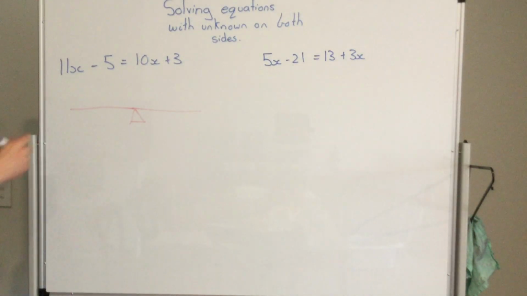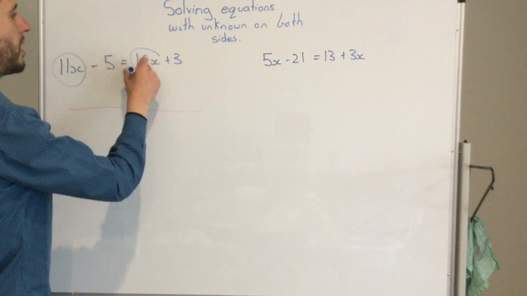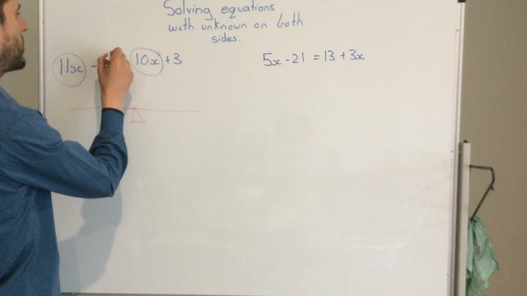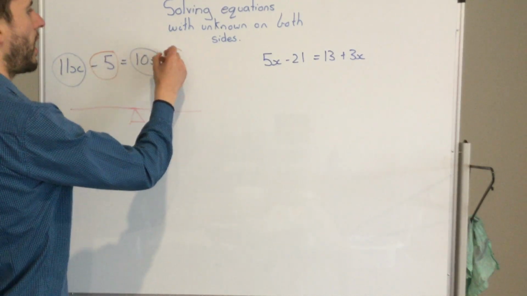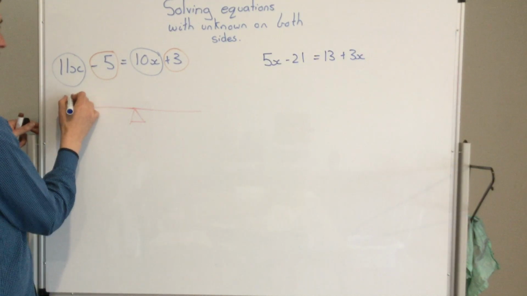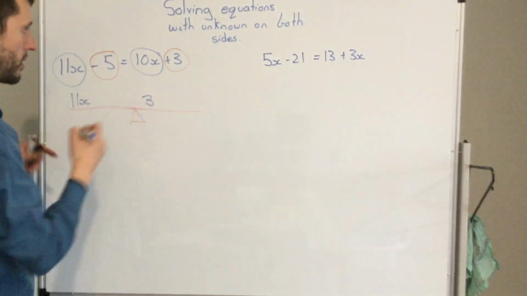So I'm going to circle my like terms, 11x and 10x. I want them on one side. And my other like terms are -5 and +3. So I'm going to keep my x's on this side. So I'm just going to write 11x there. And I'm going to keep my 3 on this side.